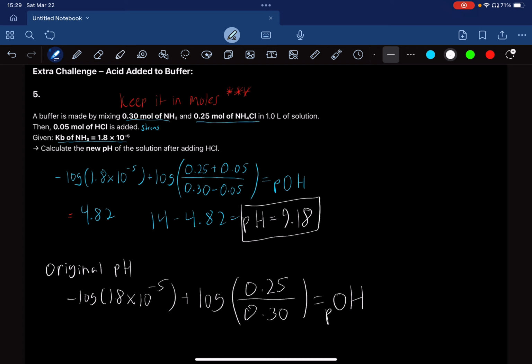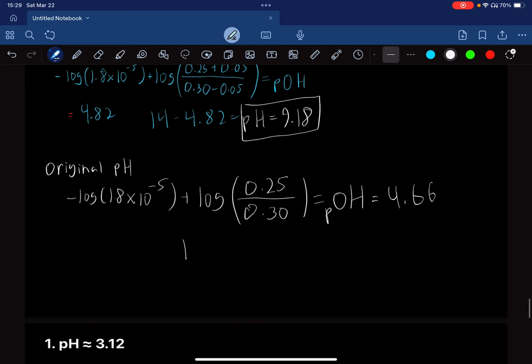So let's plug it into our calculator. Negative log of 1.8 times 10 to the power negative 5 plus log of 0.25 divided by 0.30. And I got, for my pOH, 4.66. We're going to do 14 minus 4.66.